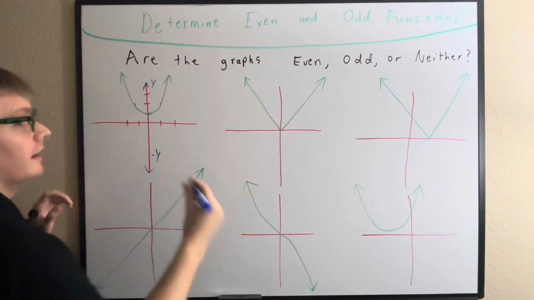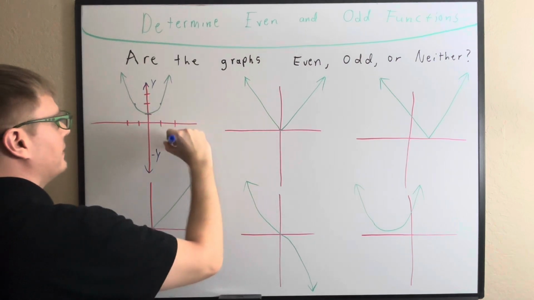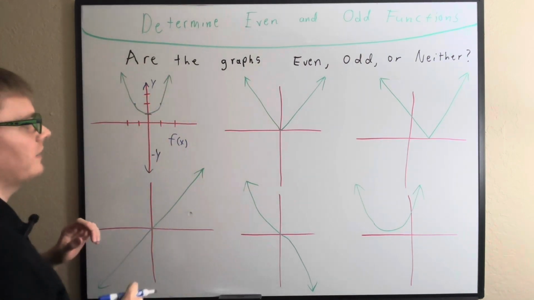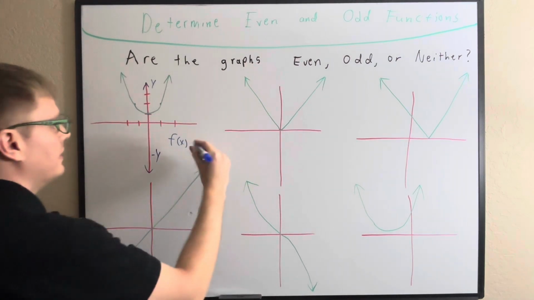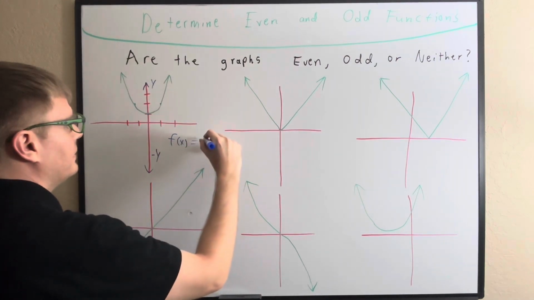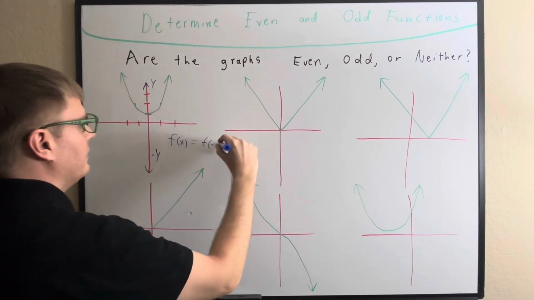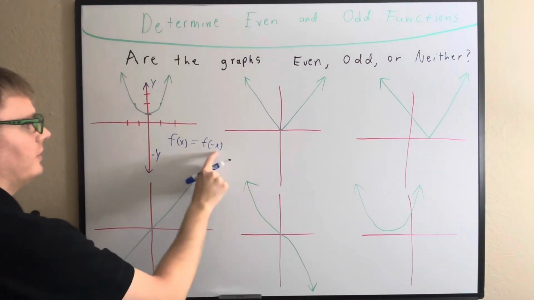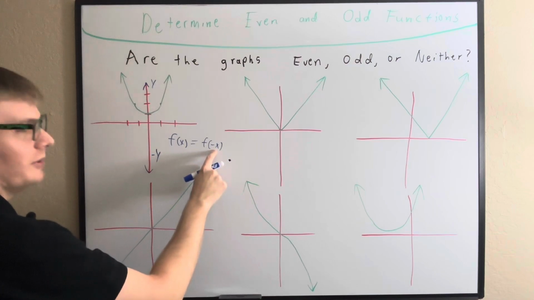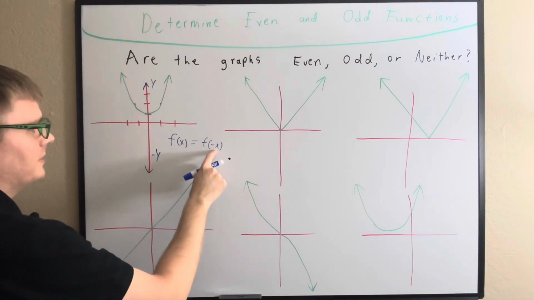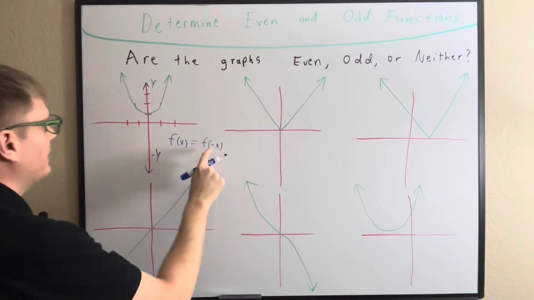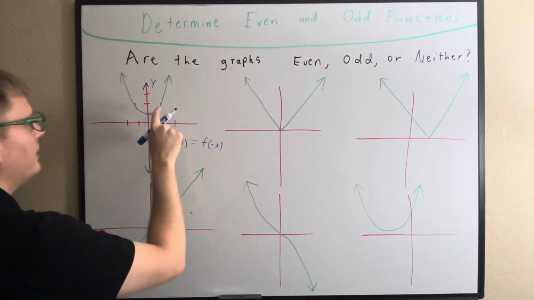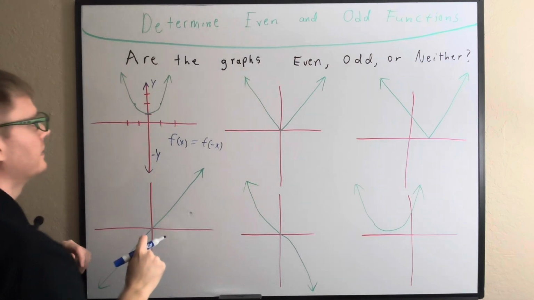Okay? The mathematical way of saying that is, let's say that this green graph here is f of x. If f of x is equal to f of negative x, then it is even. It means all the inputs, all the opposite, then you would end up with the same graph.